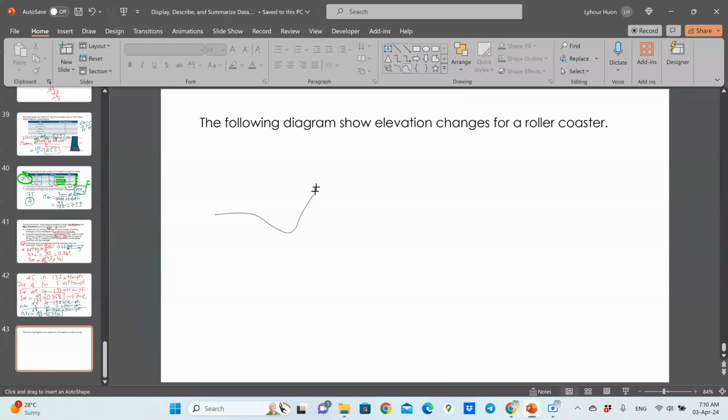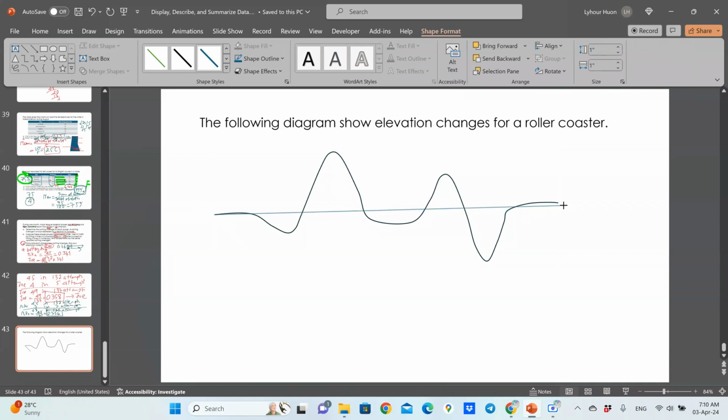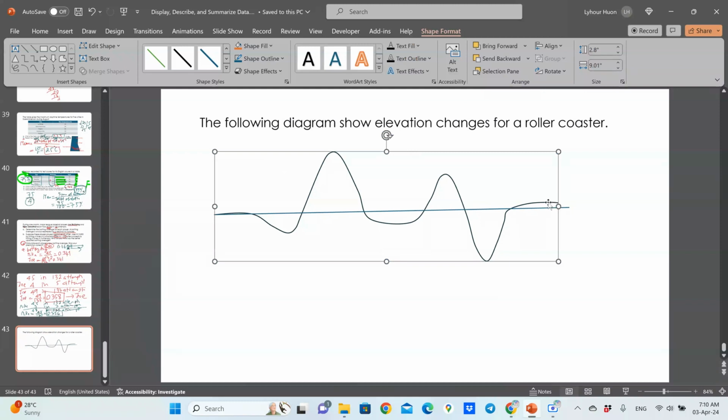Point B, then we come to point C, and then there will be another point D, and we have point E here, and then it comes to an end here. That should be the ending point.